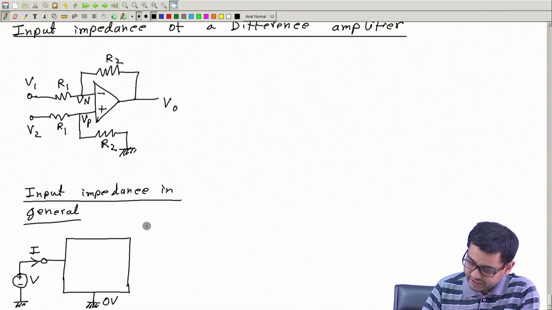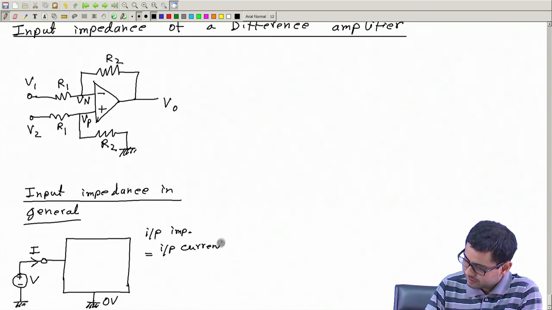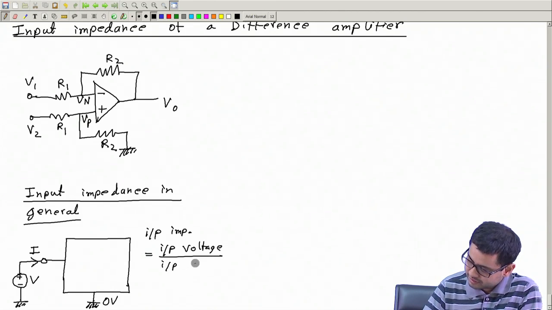So input impedance is input voltage divided by input current.